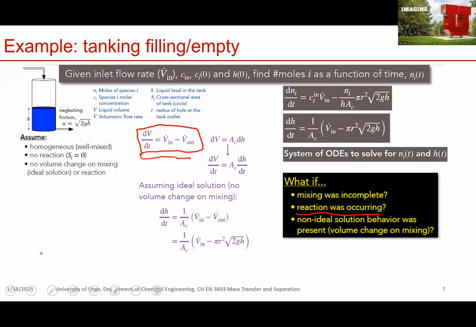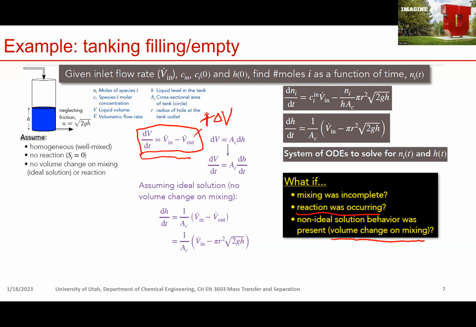Okay, so let's come back to the third assumption. Then basically we have to consider volume change on mixing. We have to add some additional term here, to modify the equation a bit to consider how much extra volume you get because of the mixing.